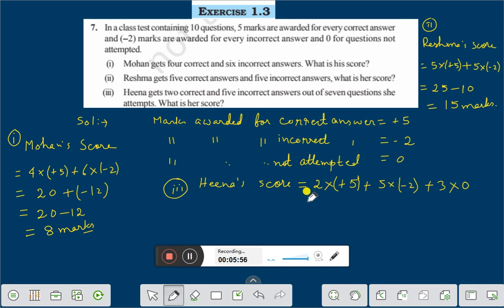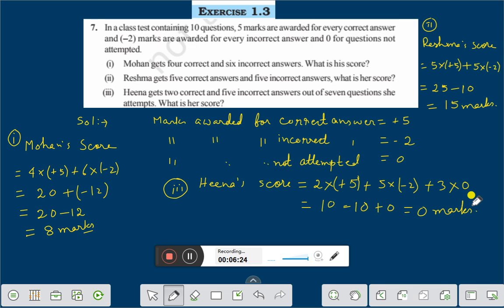Right? Therefore, we are getting 2 fives are 10, plus into minus, that is minus 5 twos are 10, plus 0. That is plus 10 minus 10 comes to 0. Right? 0 marks.